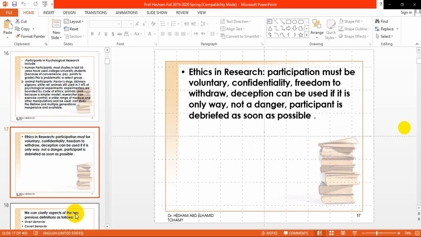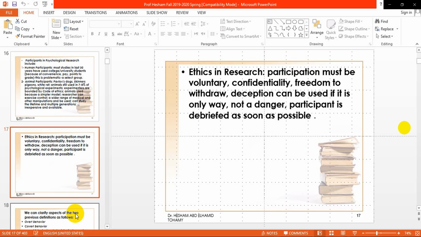Some of these ethics, such as participation, must be voluntary. You are free to participate or not. Never ever can I coerce anyone to participate in a psychological research. Also, we have talked about confidentiality, and that they are free to withdraw at any time, and deception.